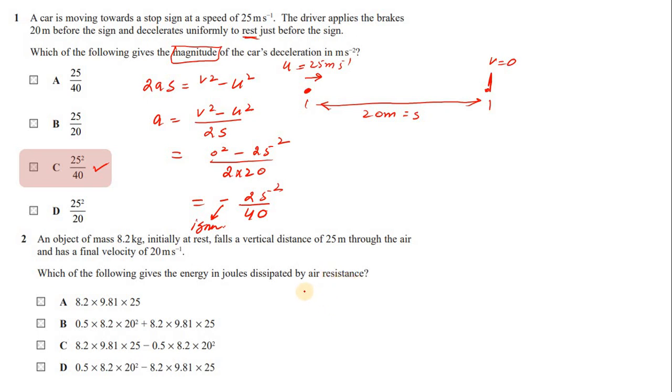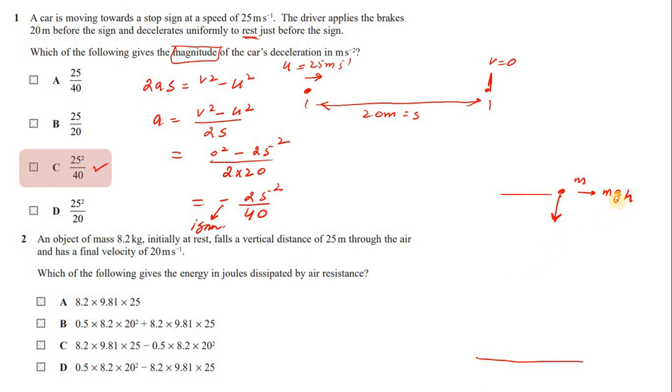So you know that if you have an object at some height, mass m, and this is the ground, at that moment the object has only gravitational potential energy, mgh, and as the object starts falling down, gravitational potential energy decreases and kinetic energy increases.